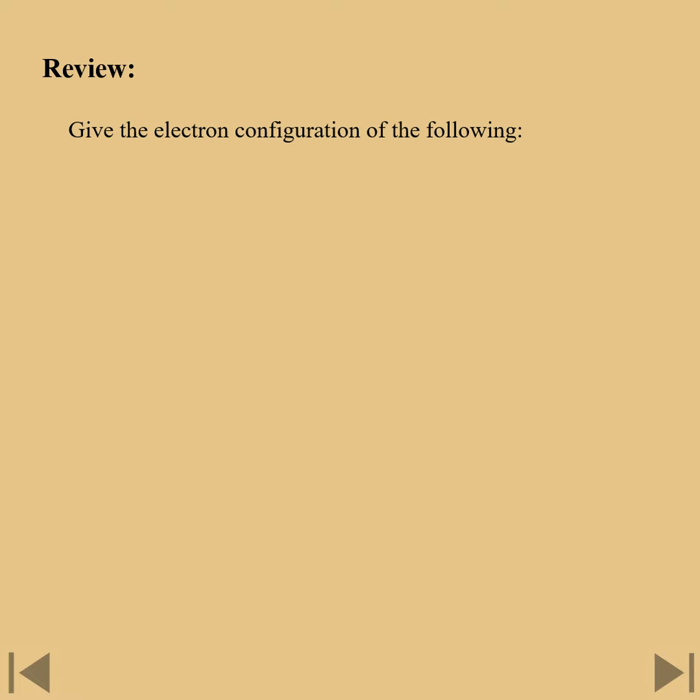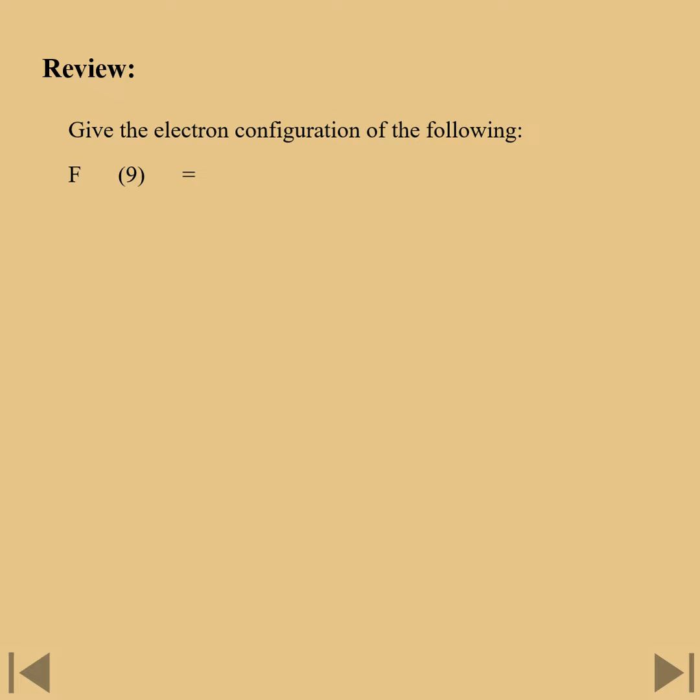Okay, let's practice some of the things that we've learned here. Give the electron configuration of the following. We have fluorine with 9 protons and hence 9 electrons. Grab your periodic table, and where's the first electron? That's going to be in the 1s, and that fills up with 2. We're up to 2. Our third electron starts 2s, and that fills up with 2.